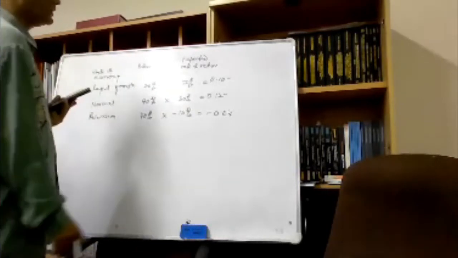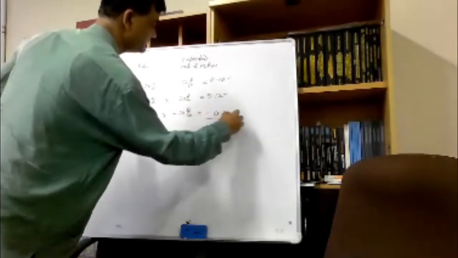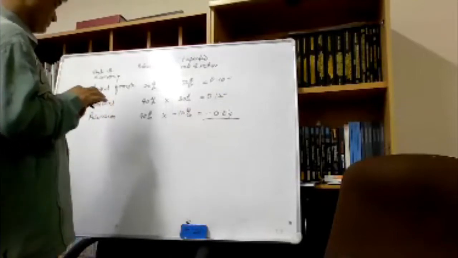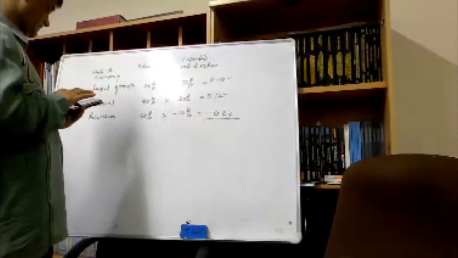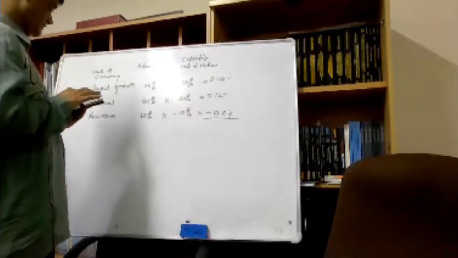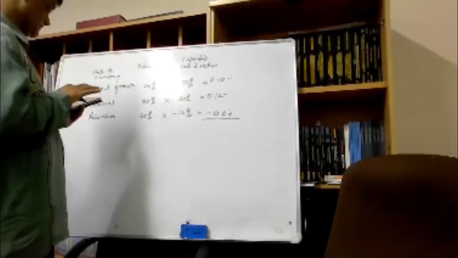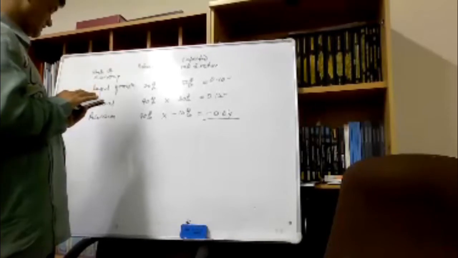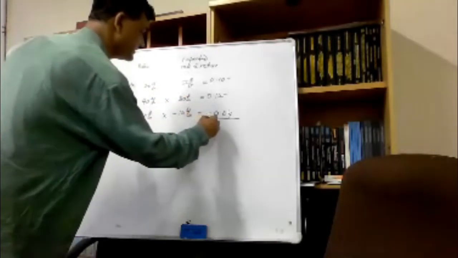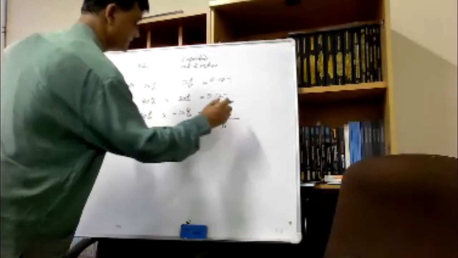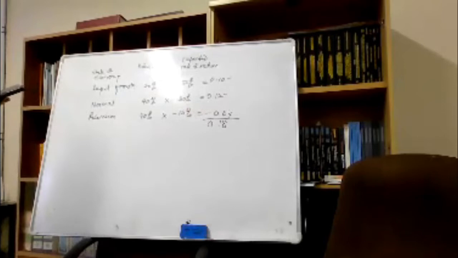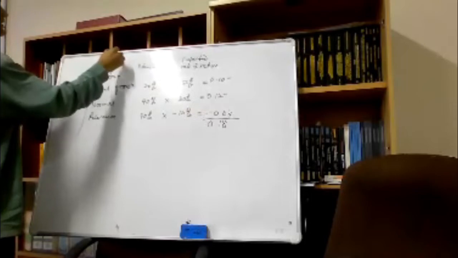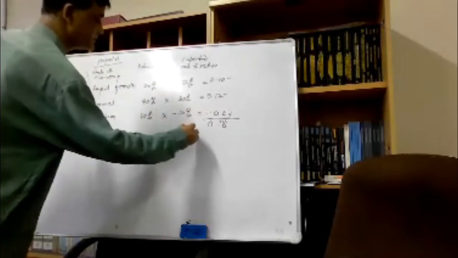Now, if we add these three together, how much is it going to be? 0.10 plus 0.12, minus 0.04, 0.18, sir. Okay, 0.18. Thank you. So the expected return from this project, say for example, we are talking about project A, is 18%.